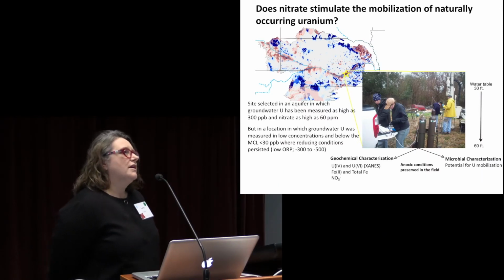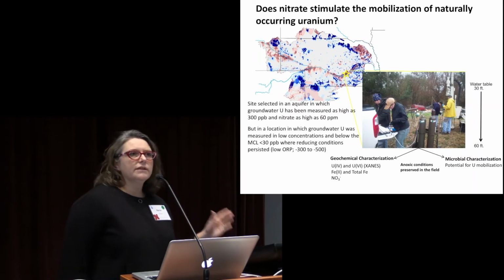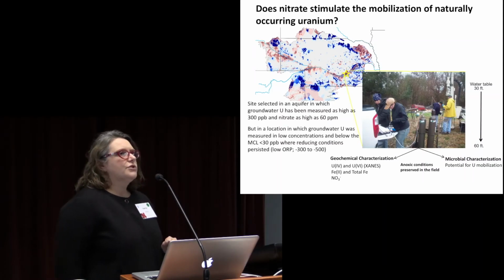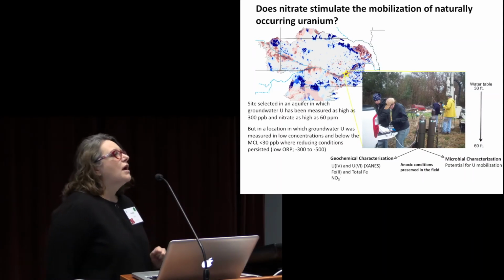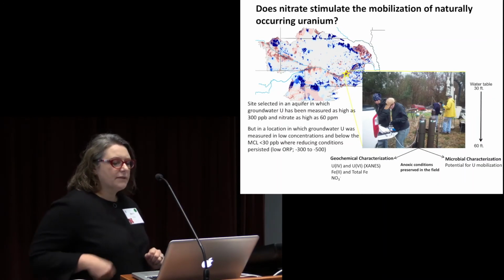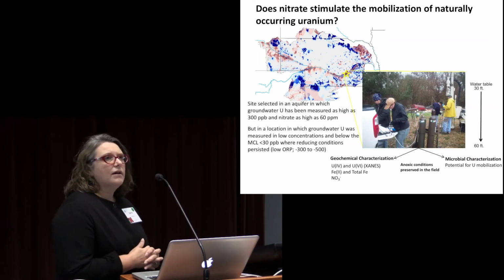But we wanted to use samples which we knew were reduced and still had relatively lower uranium concentrations in the groundwater. So we went to a region where we thought would be reduced and would have uranium-4 present within those sediments. We collected subsurface cores via geoprobe coring, and we maintained the anoxic atmosphere.